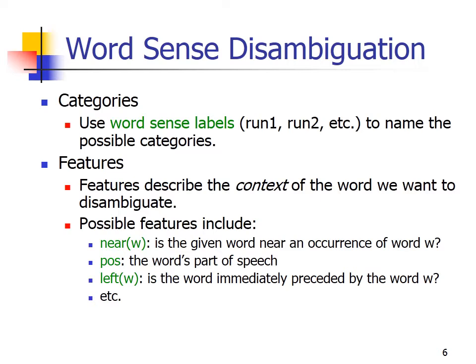Categories. Use words and labels to name the possible categories. Here the categories are run 1, run 2, run 3, run 4. Features.